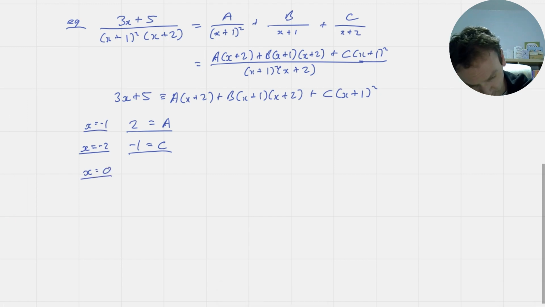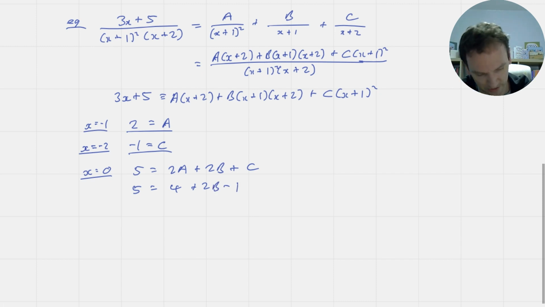On the left-hand side, we'll get 5. On the right-hand side, we've got a times 2, so 2a, plus b times 2, because it's b times 1 times 2, so plus 2b, and then plus c times 1, so plus c. But we know our a and our c, so we can sub those in now. So 5 equals 2 times 2, which is 4, plus 2b, subtract 1, because c was negative 1.